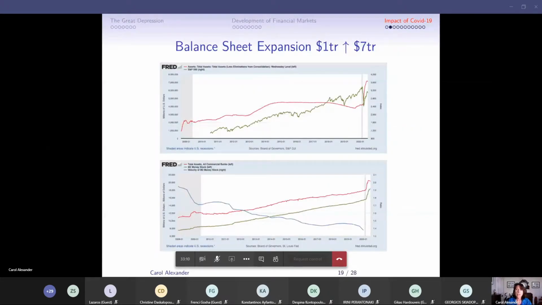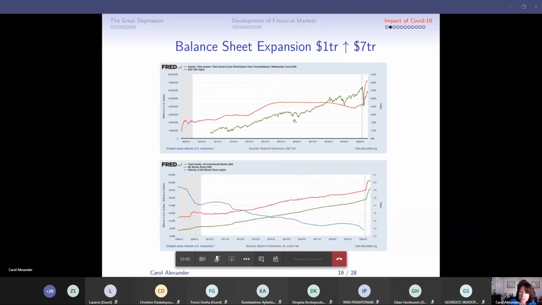As a result, instead of the contraction of the balance sheet, which Janet Yellen tried in 2017, you can see in 2018, the stock markets didn't really like that. And so it started again in September 2019, from a little bit above 4 trillion, and suddenly jumps up to over 7 trillion just since March, since the 16th of March.